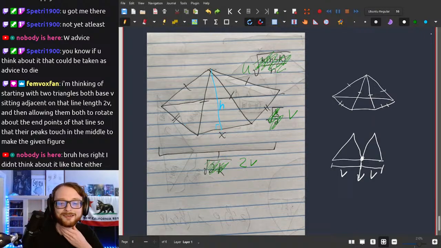That's kind of funny, because I think it would be true that this length here would be X then? Maybe not.